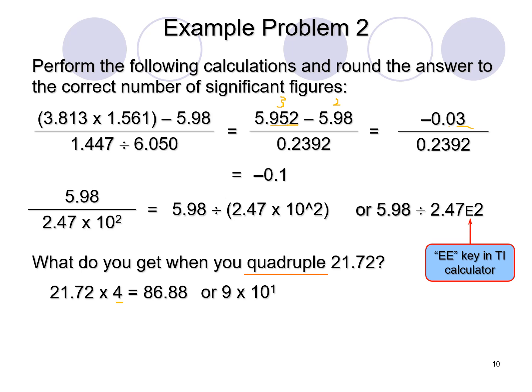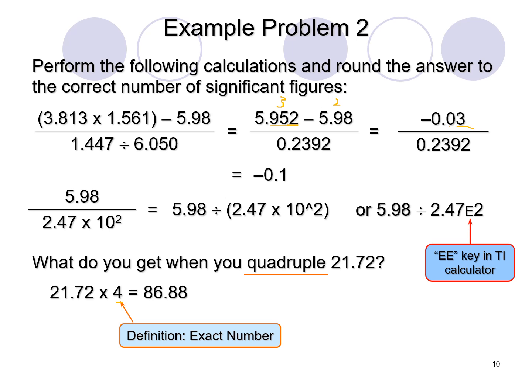Quadruple means 4. Can quadruple mean 5? No, of course not. That makes that digit 4 what? An exact number. So once we realize it's an exact number, we do not have to care about its sig figs. 21.72 has 4 sig figs. We report 86.88 with a correct number of sig figs.